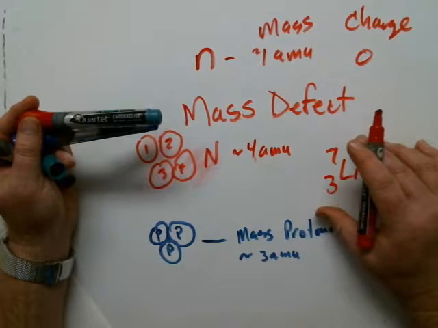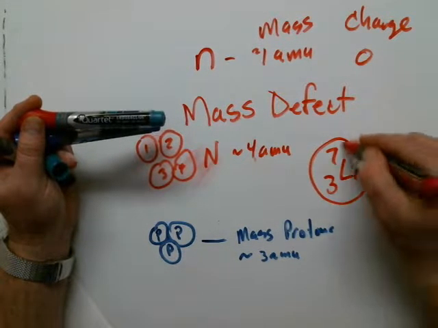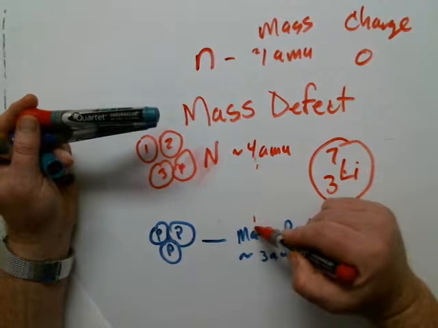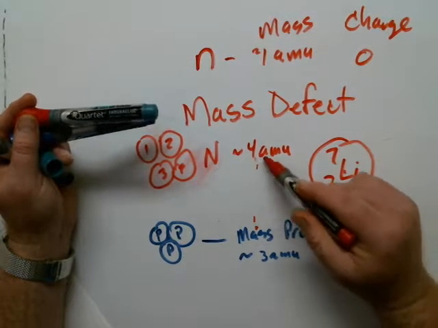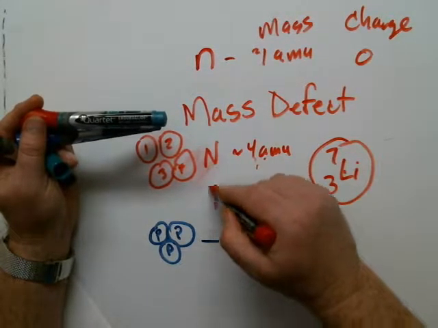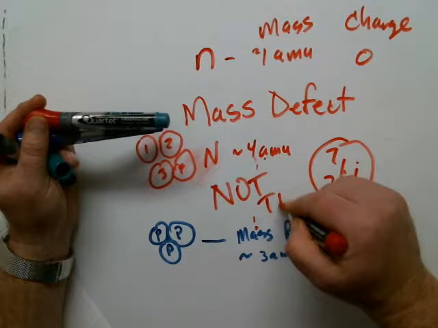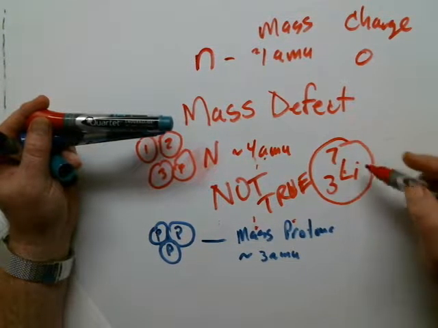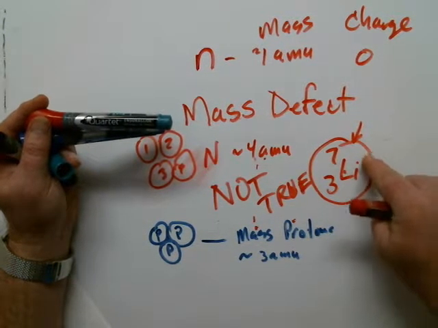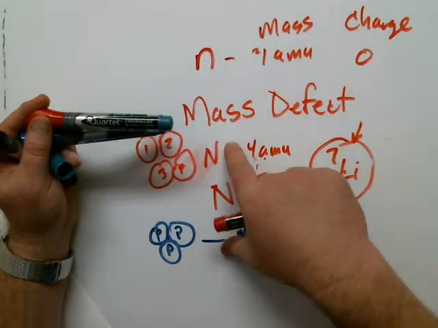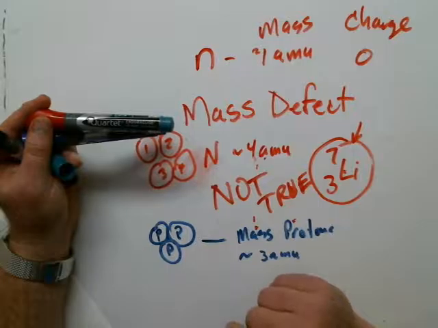So what you would think is that the mass of this lithium-7 would be equal to the mass of the constituent components, the mass of the protons and the mass of the neutrons. But that is not true. It's weird. The mass of this atom will always be less than the mass of the constituent components.